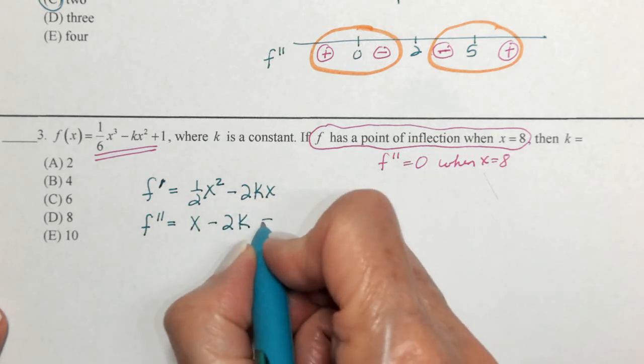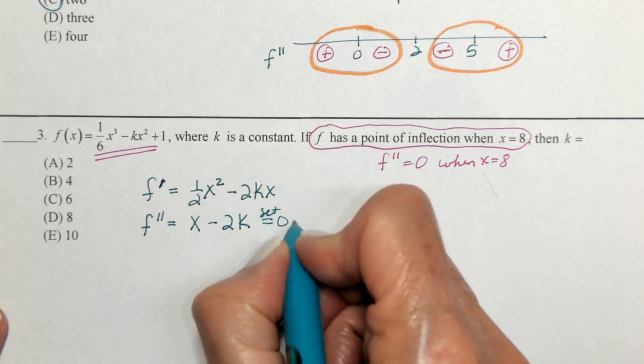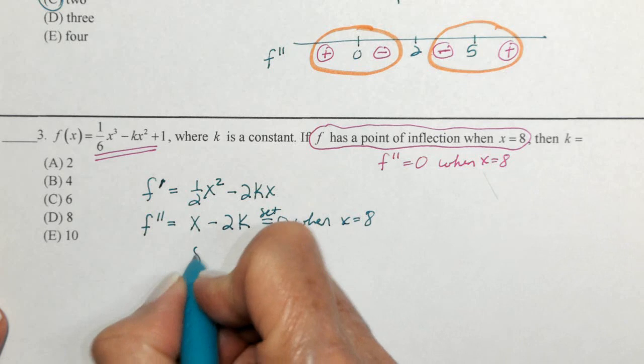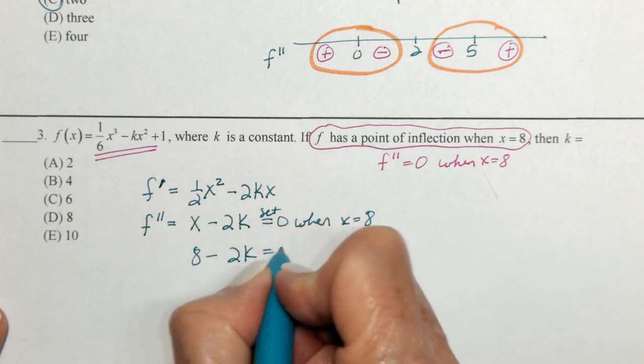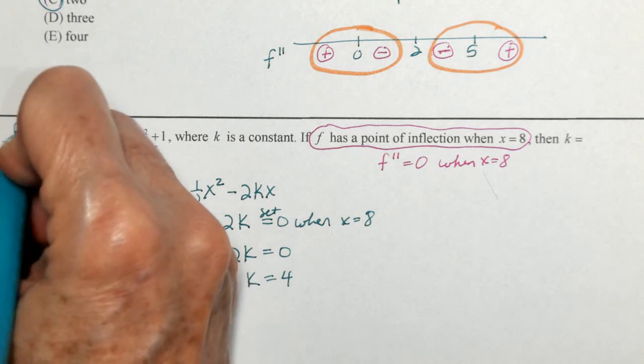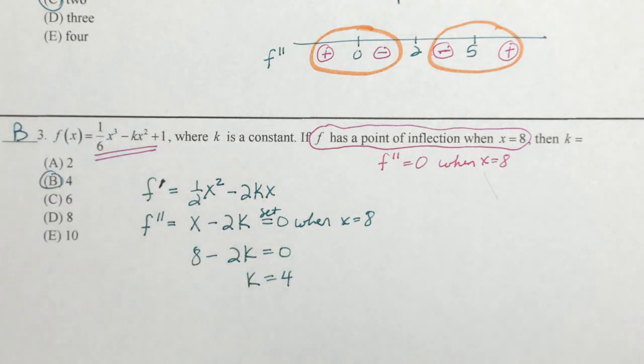And this is equal to 0 when x equals 8. So 8 minus 2k is 0. K is going to be 4. So there's a variety of problems that we can be asked dealing with concavity and points of inflection.